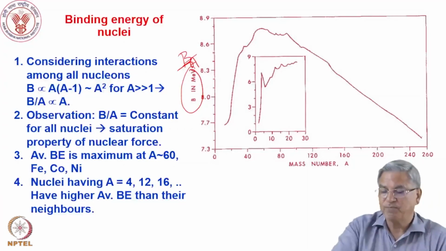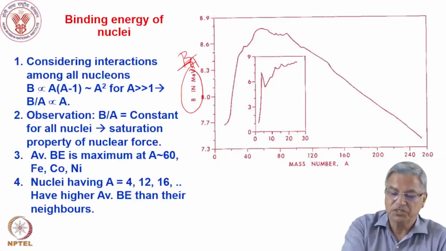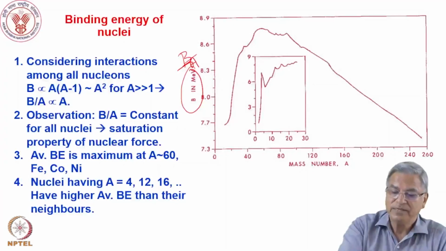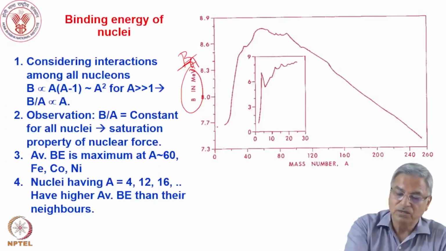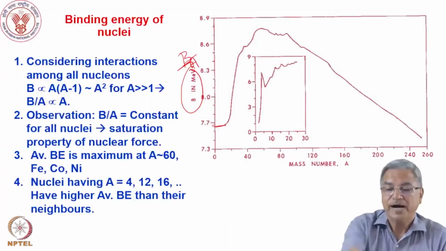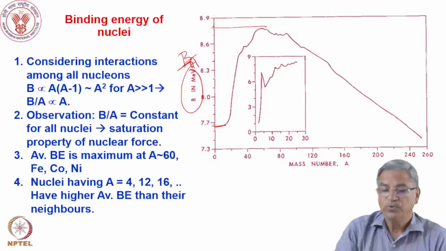It is plotted as a function of mass number, starting from close to 10 or so up to mass number more than 240. And you see here that the lowest binding energy point is 7.6 or so, and the highest goes to 8.8 or so.